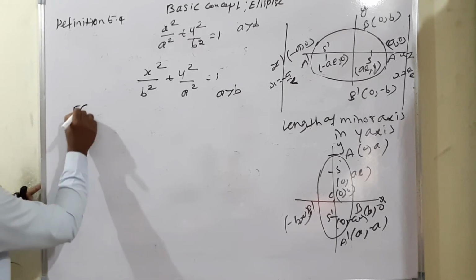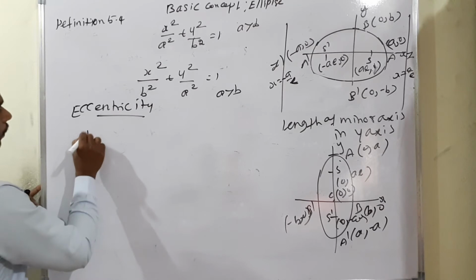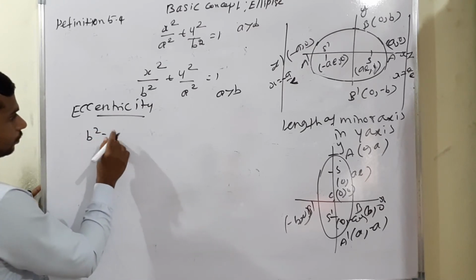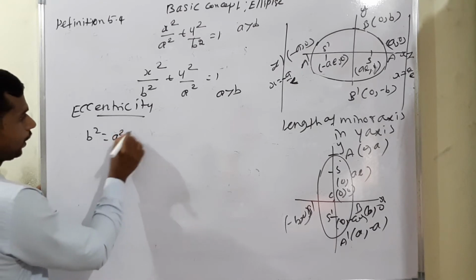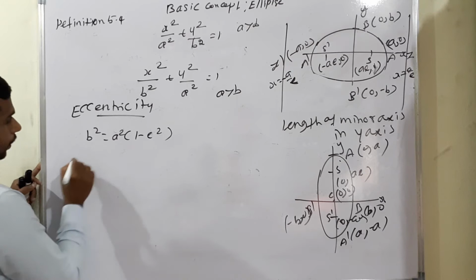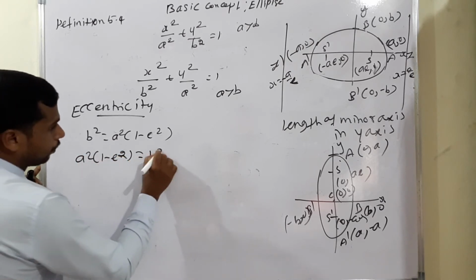Then how to find the eccentricity? Already we know the condition B square is equal to A square into 1 minus E square, isn't it? Interchanging the terms, A square into 1 minus E square is equal to B square.